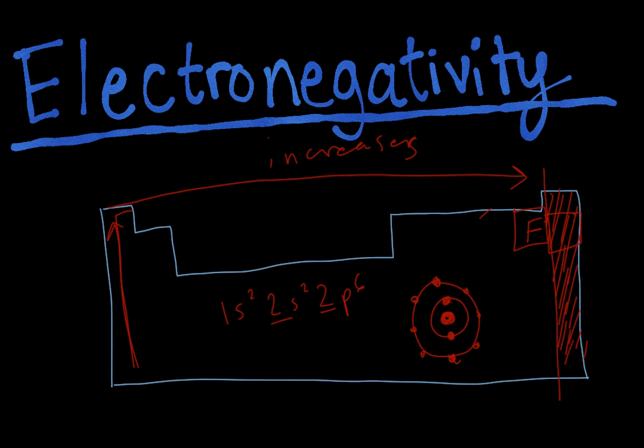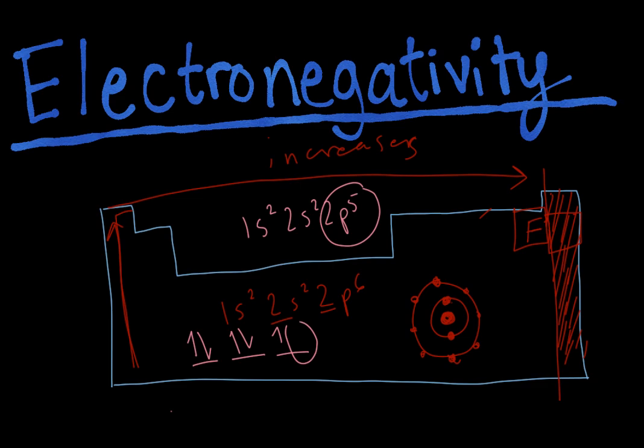And so fluorine comes in first place. The electron configuration for fluorine would be 1s squared, 2s squared, 2p5. You see the p orbital. If you draw that out, in the 2p orbital it has 1, 2, 3, 4, 5.